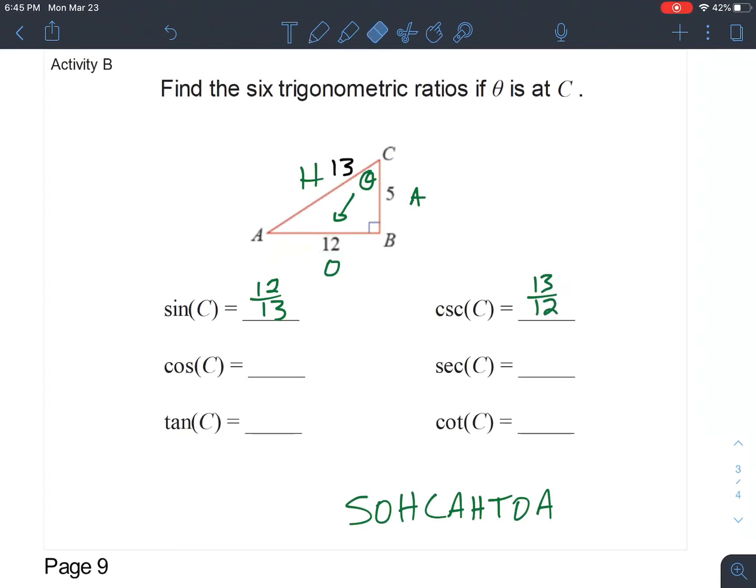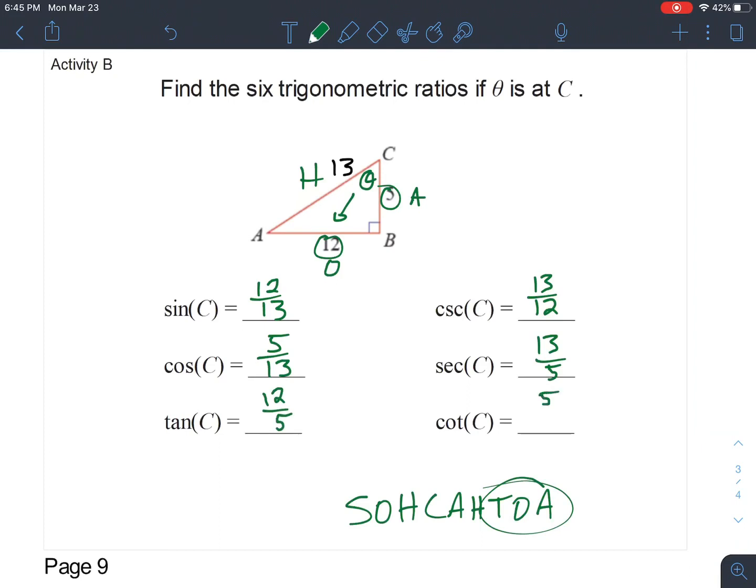Then, cosine is going to be adjacent over hypotenuse, 5 over 13. So therefore, secant is the reciprocal, 13 over 5. And then the last one that we have, tangent, is going to be opposite over adjacent. So that will give us 12 over 5.